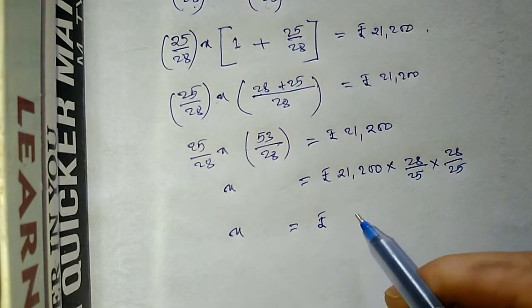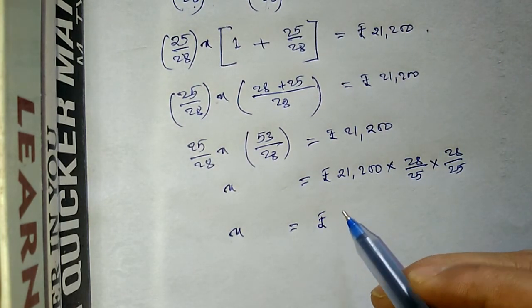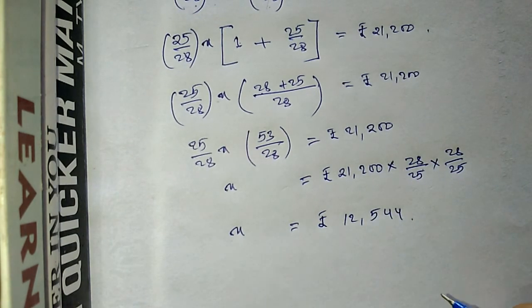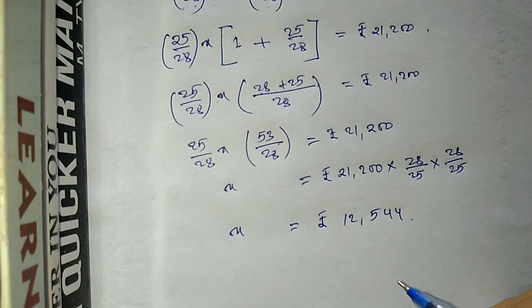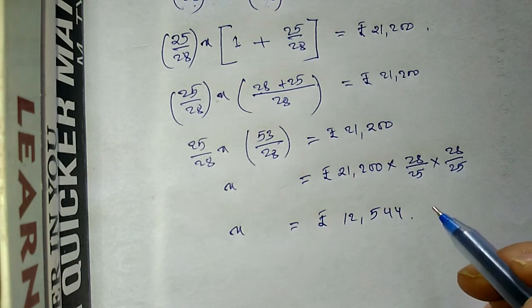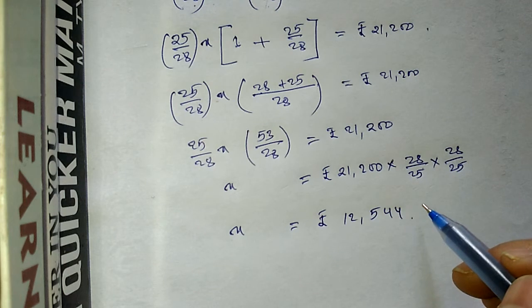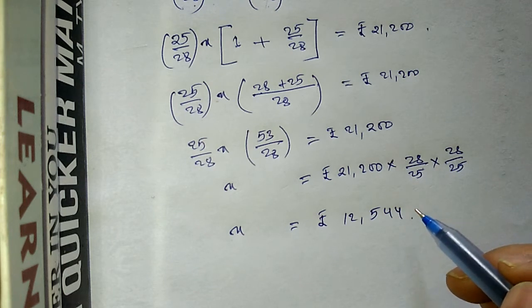12,544. The x value in this case is 12,544. This is the amount of each installment, or the value of each installment which you have to pay back in 2 times. This is the first time, and then the second time also you have to pay 12,544.